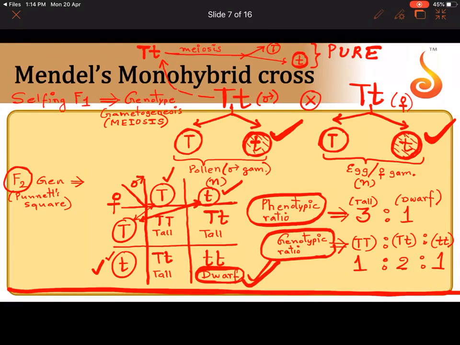We are getting a dwarf plant in the F2 generation. Did you understand? That means in the F1 hybrid, during gametogenesis, the gamete will either receive capital T or small t, never both, never a mixed product. Such gametes are called pure, because capital T and small t get separated from each other during segregation.